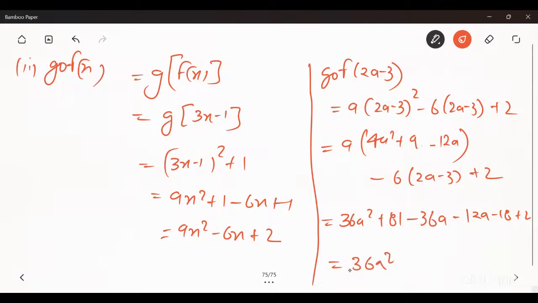So 36a square, minus 36a minus 12a, which is equal to minus 48a, 81 plus 18 plus 2, which is 101. So 36a square minus 48a plus 101 will be your answer.